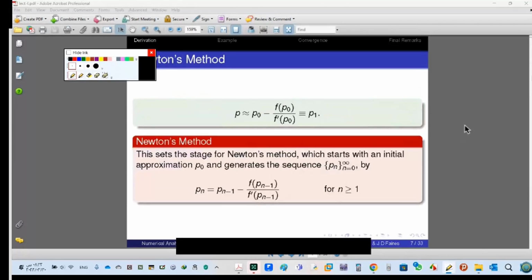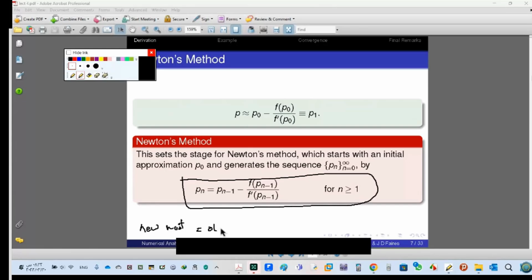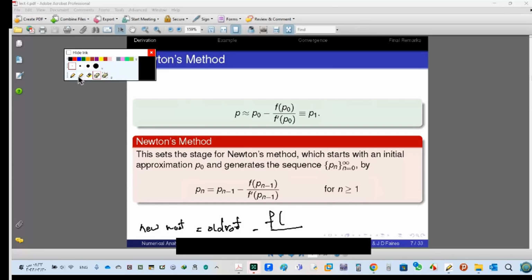Newton method says: new root equals old root minus f of old over f prime of old.